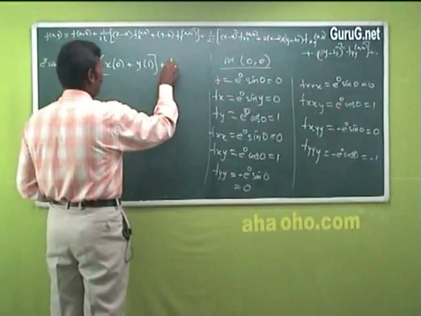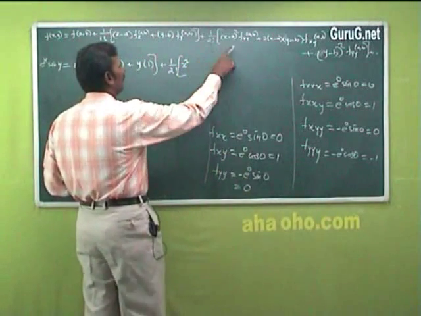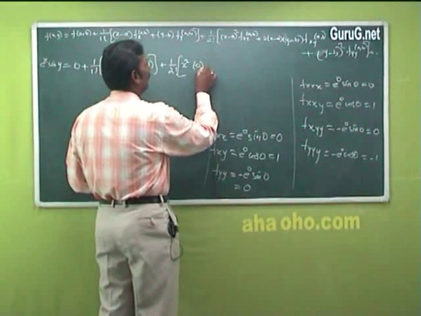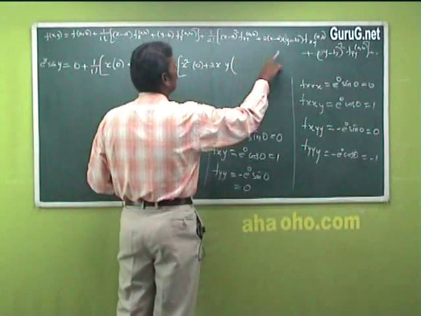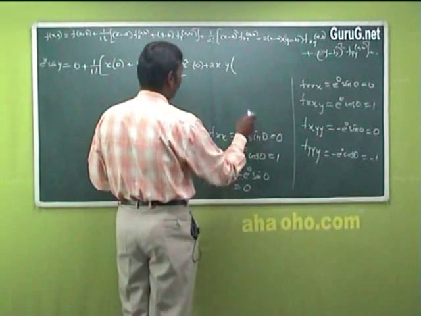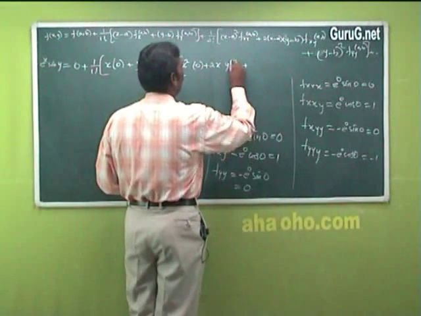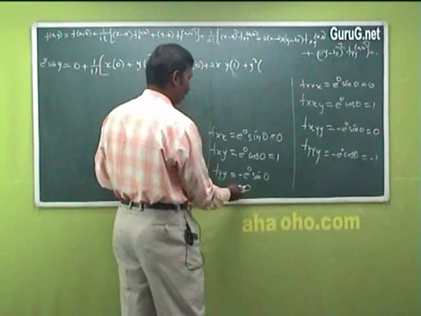Plus 1 by 2 factorial [x squared fxx, which is 0, plus 2 into x into y into fxy, which is 1, plus y squared into fyy, which is 0].